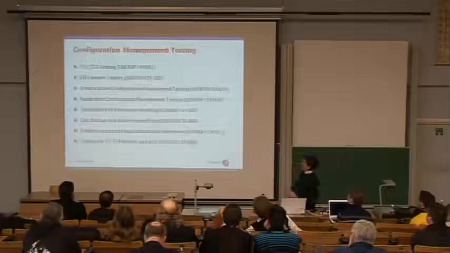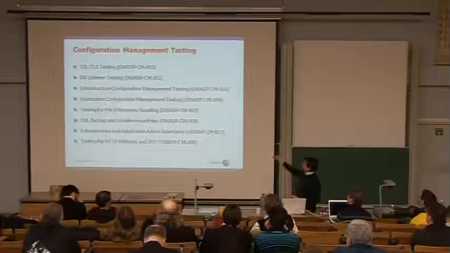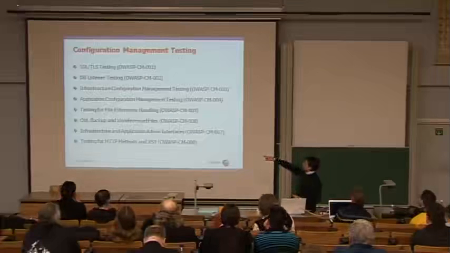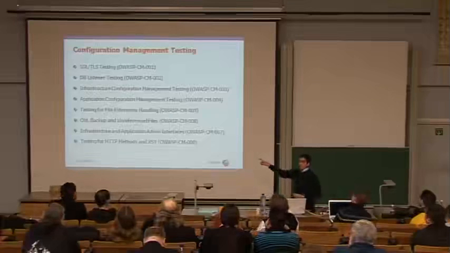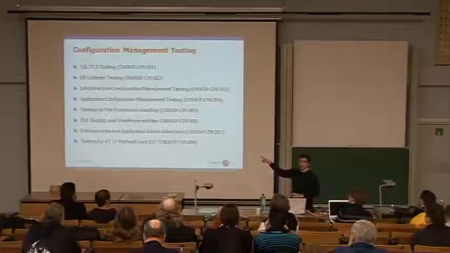Then we do configuration management testing. So, for example, the SSL strength of your application. We do DB listener testing and infrastructure configuration management. We also look for old backup and reference files, which we find quite often on applications.